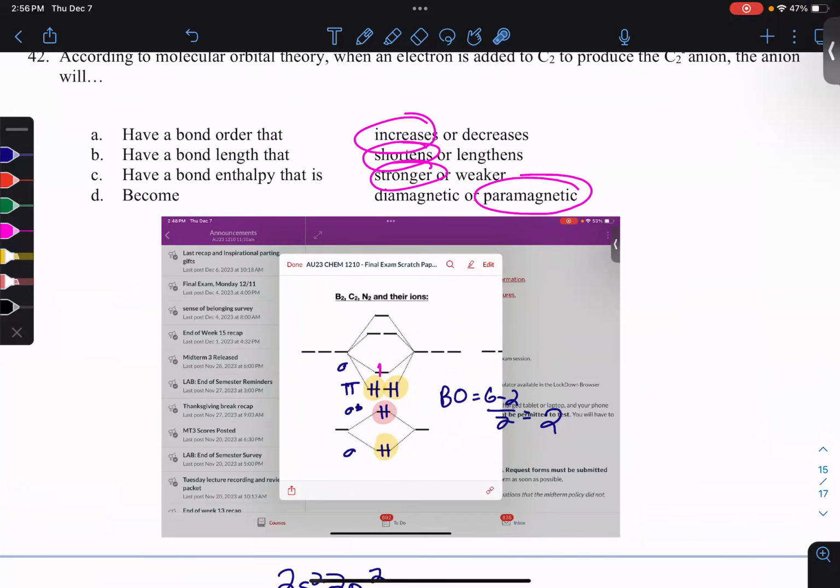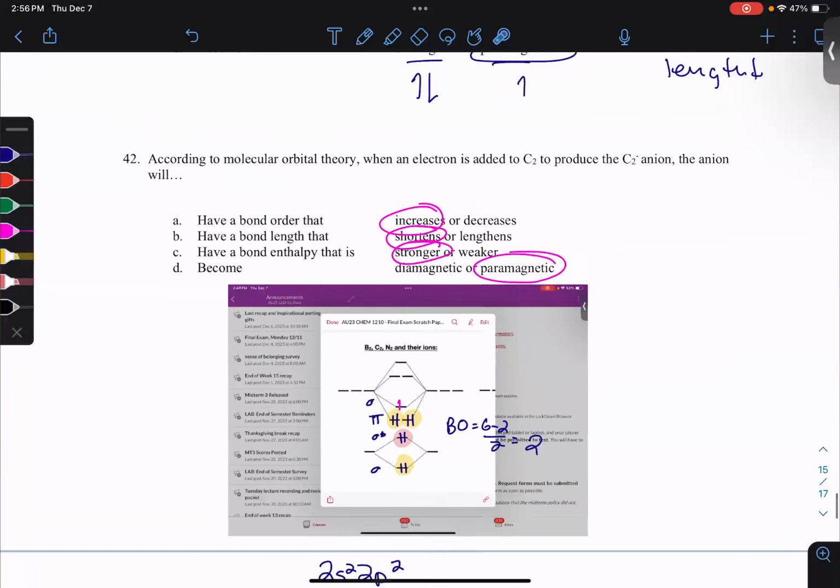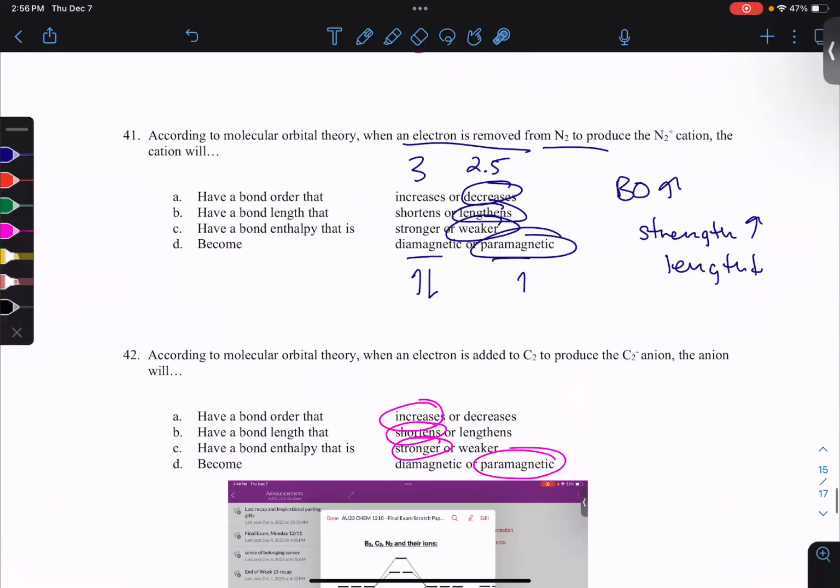Isn't N2 plus nitrogen with... okay, so I see the question. Diatomic nitrogen has a total of 10 valence electrons. N2 plus, that entire molecule just has 1 electron removed from it, just like when we did Lewis dot structures.